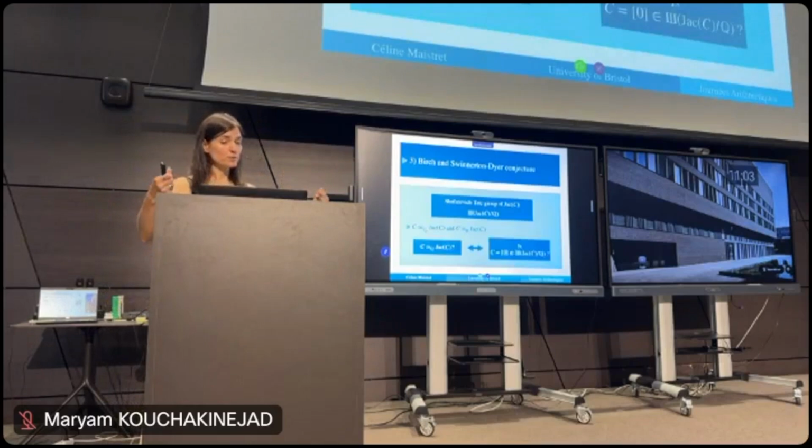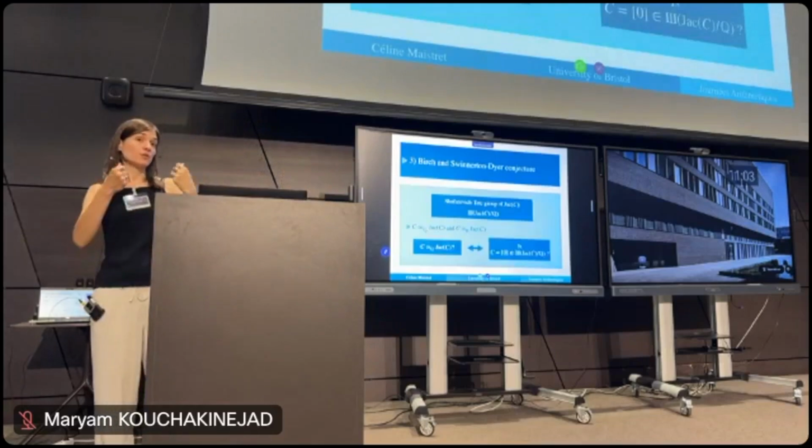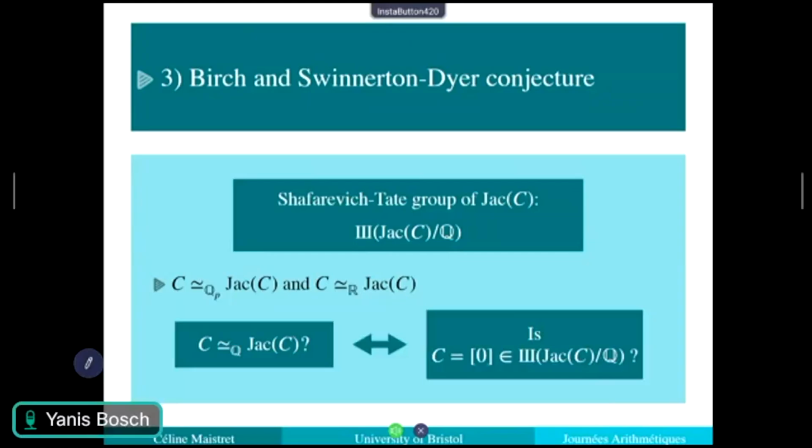Studying this group is very, very difficult. Equivalently, studying this isomorphism over Q between C and its Jacobian. So when you ask whether C is isomorphic over Q to its Jacobian, what you really ask is whether C is the trivial element in the Shafarevich-Tate group of its Jacobian. And here again, I should repeat this, computing elements of Sha, of this Shafarevich-Tate group, is quite difficult.